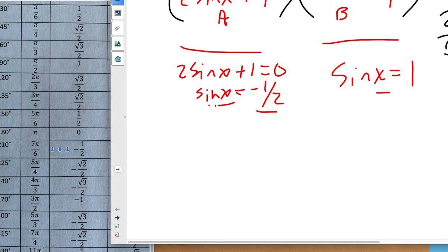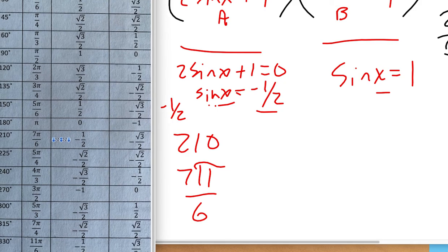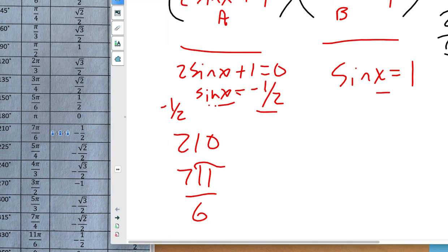There we go. So 210, if you're working in degrees, or 7 pi over 6. These are both when we have -1/2. We have another time when we're -1/2. It's just off the sheet, right down there at 330, or 11 pi over 6.